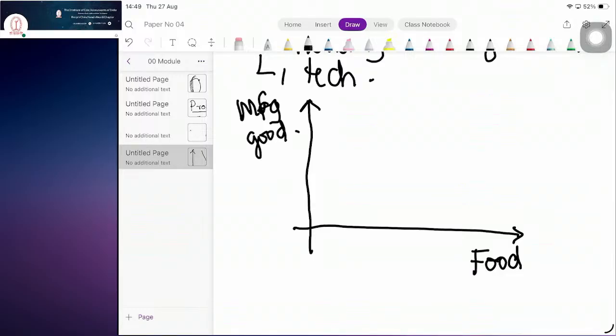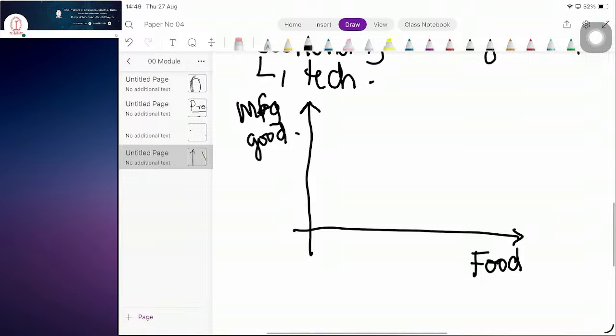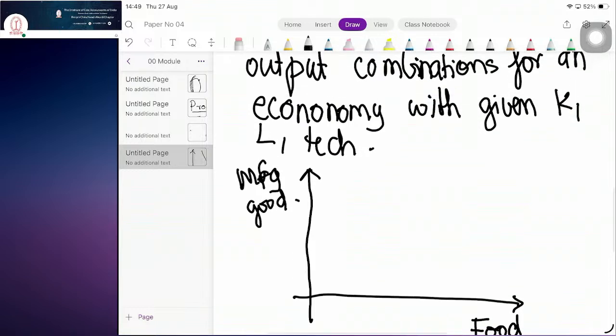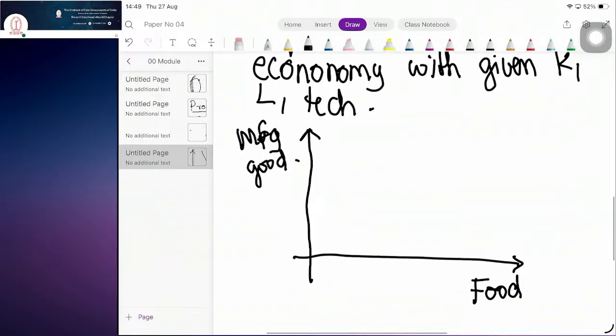Draw the XY axis, with the economy having only two products, a manufactured good and food. This point is the origin, 0, 0, which shows 0 manufacturing output and 0 food output. Is that clear to all of you?